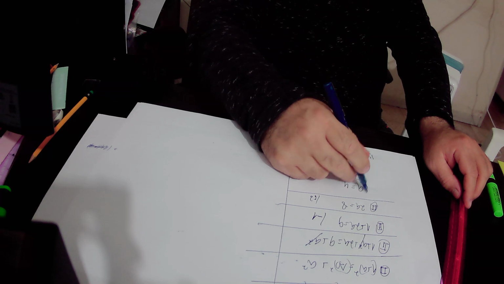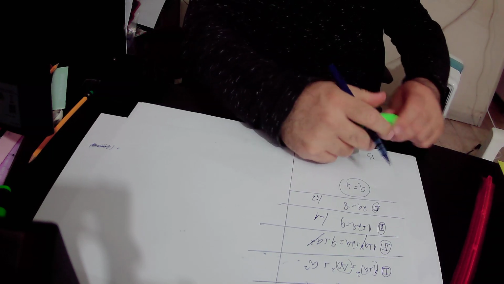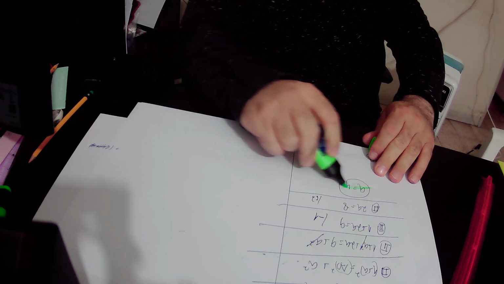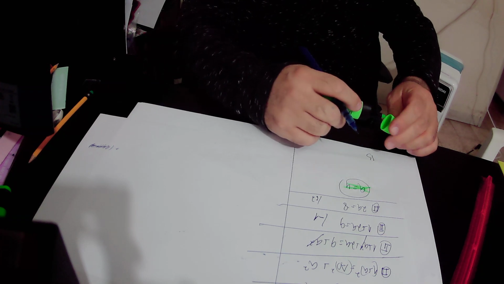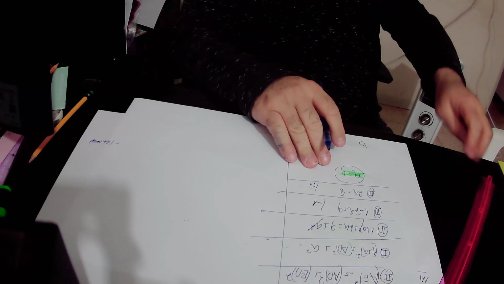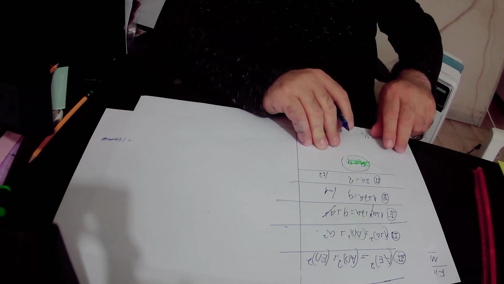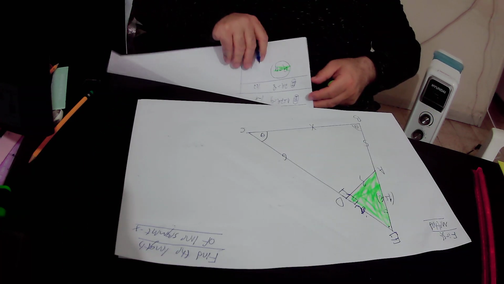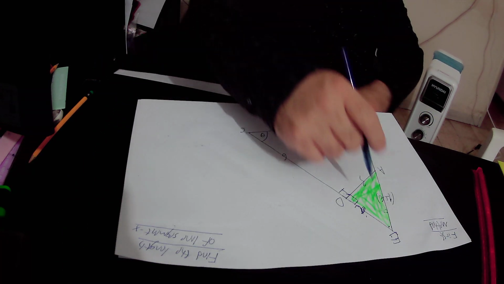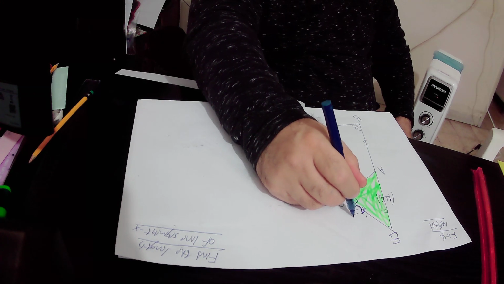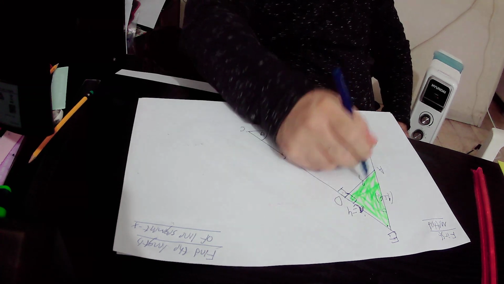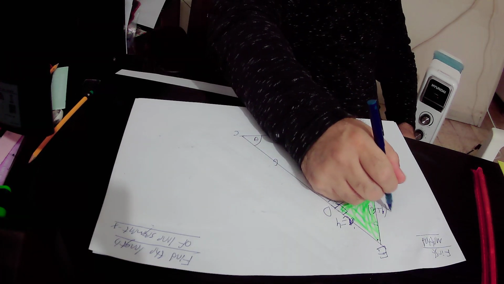A equals 4. So here we found out that A equals 4, and 1 plus A is 5.